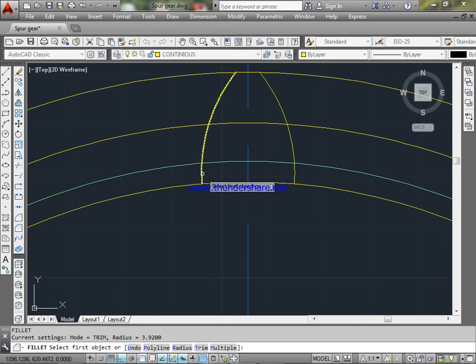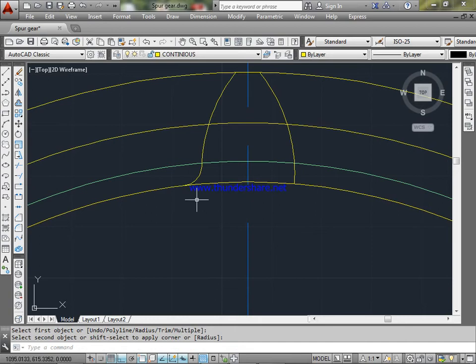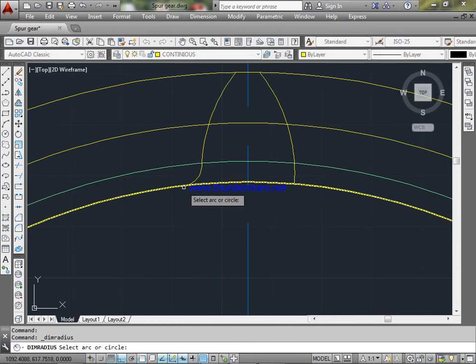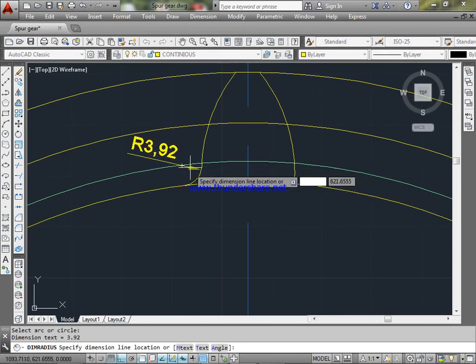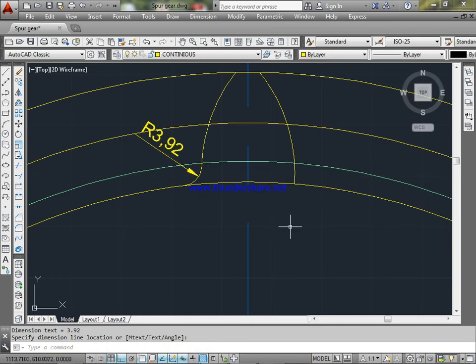Fillet the lower part of the tooth. Here the fillet radius is 3.92 as per the problem.